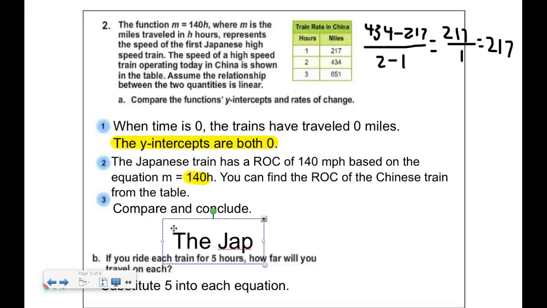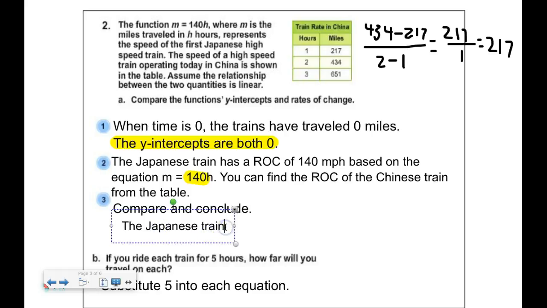The Japanese train, and again, in the context of the problem, we're talking about speed, right? Rate. The Japanese train travels at 140 miles per hour.